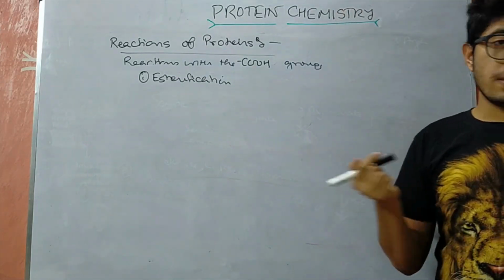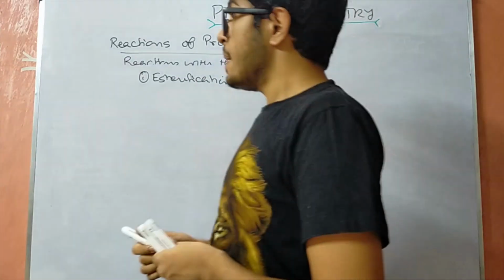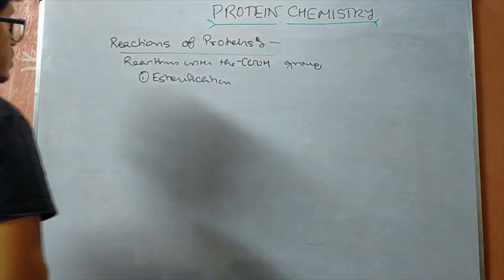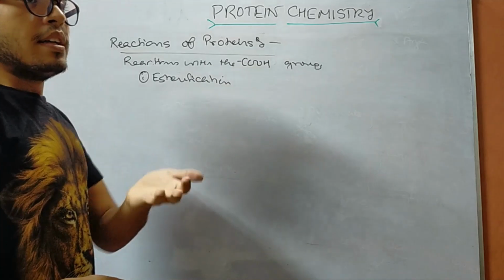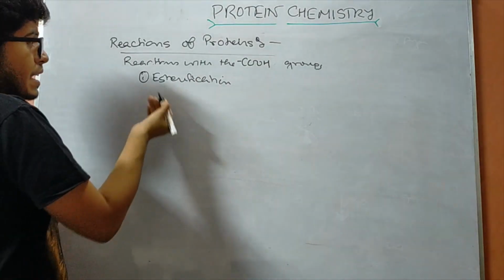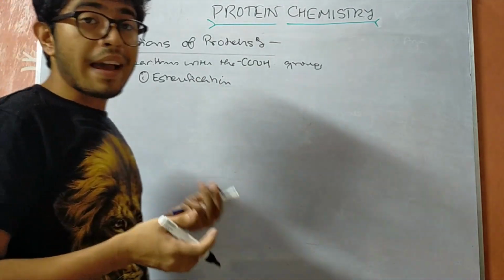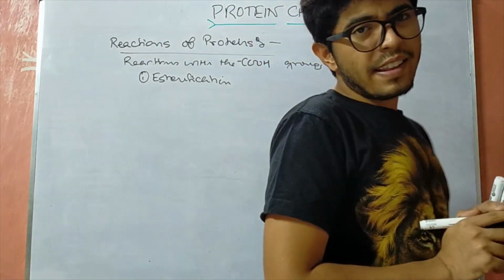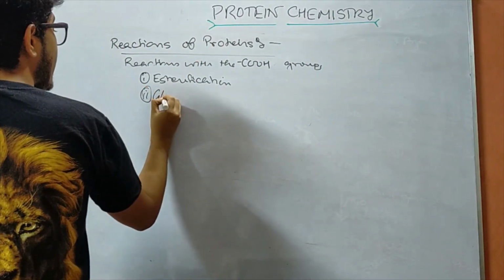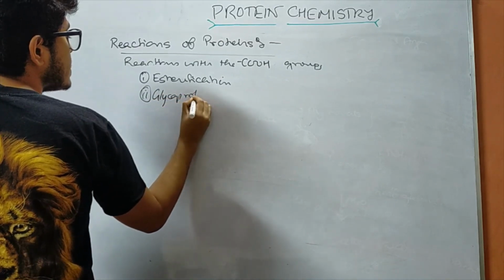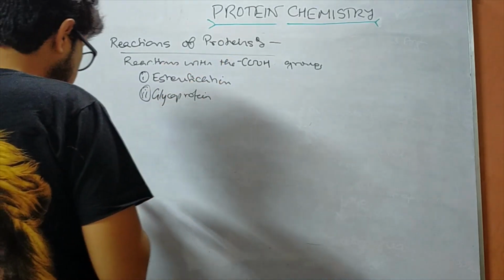That is one of the most important reactions taking place. Beyond that, there are also glycosylation reactions, which take place to form glycoproteins. So these are the reactions where the COOH group is involved.